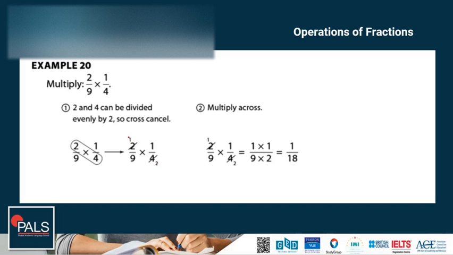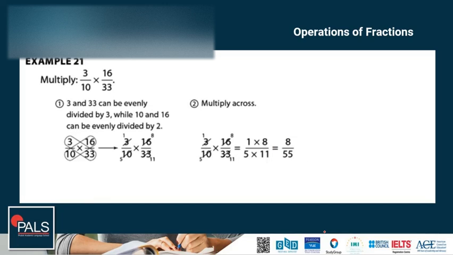So now we have 1 over 9 and 1 over 2. So multiply across. 1 times 1 is 1. 9 times 2 is 18. So the answer is 1 over 18. Multiplying fractions is a bit easy.